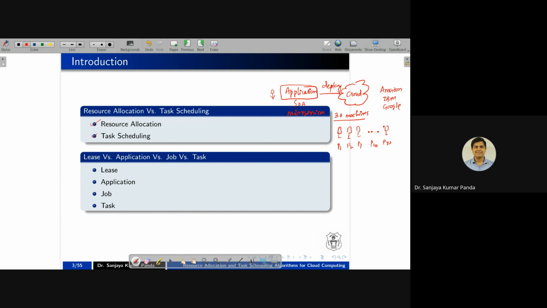For example, if you look into an application, an application is nothing but a data flow graph.